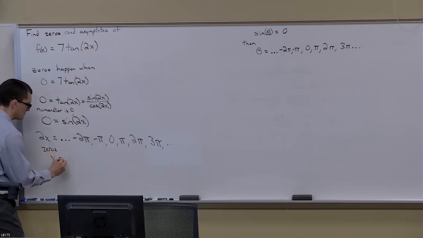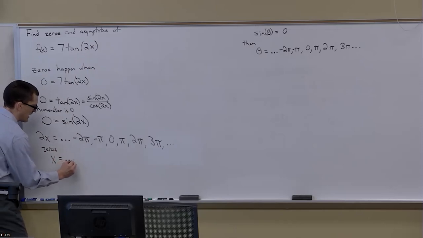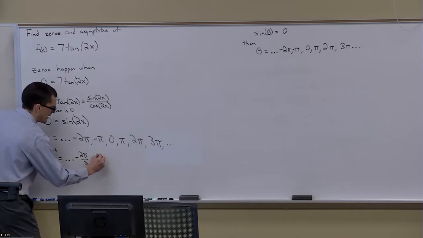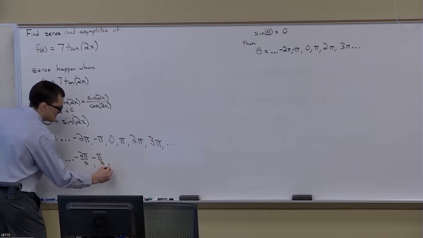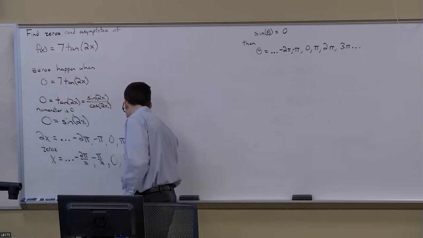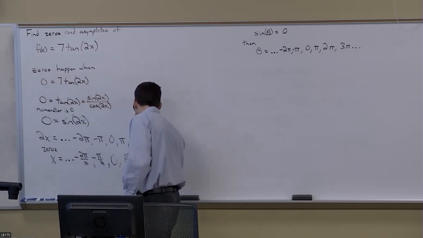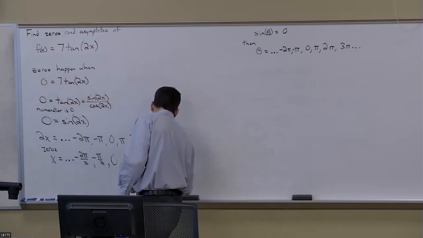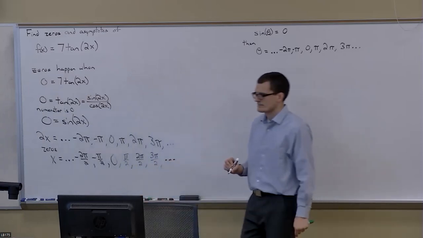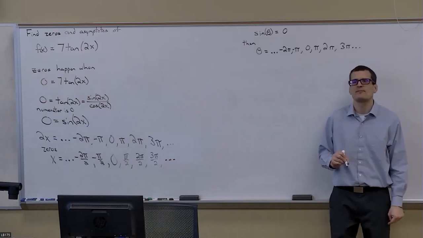So we get the zeros that are negative 2 pi over 2, negative pi over 2, 0 over 2, positive pi over 2, 2 pi over 2, 3 pi over 2, et cetera, to get that pattern.